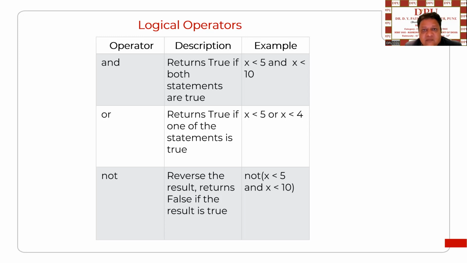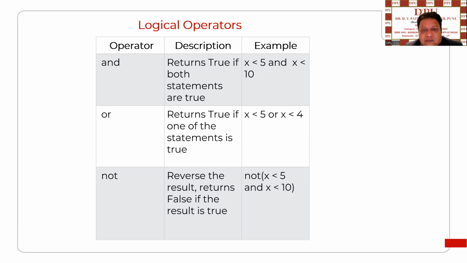So the condition must not be true. That is what we have to remember when we are using the not. Not means we are checking for negation. We are checking for negativity. Means that condition should not be true.